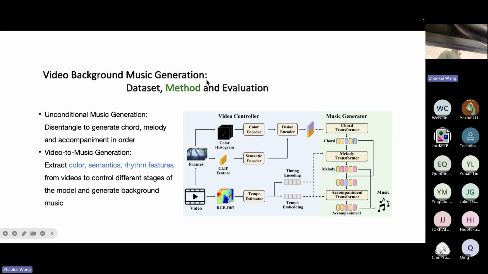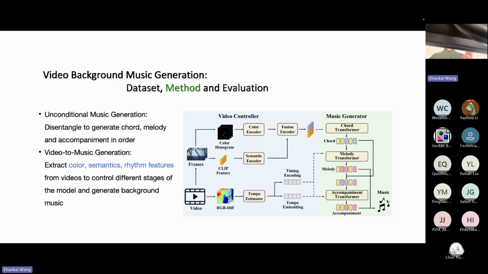And based on this representation, this is the overview of the method. We extract three features of the video. The first is the color features, the second is the semantic features based on CLIP, and the third is the tempo feature, which is based on RGBD.